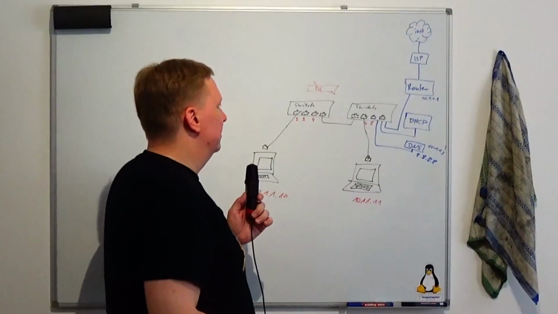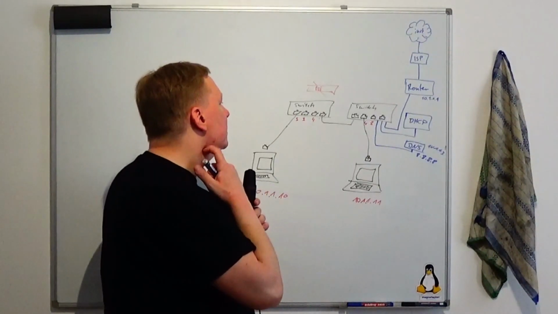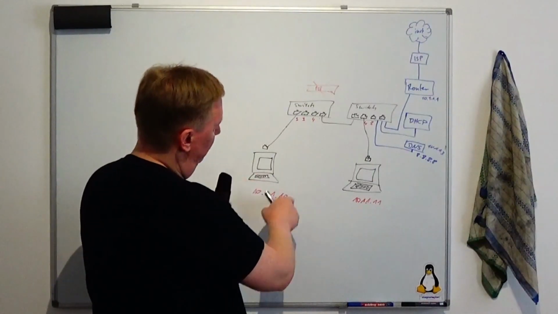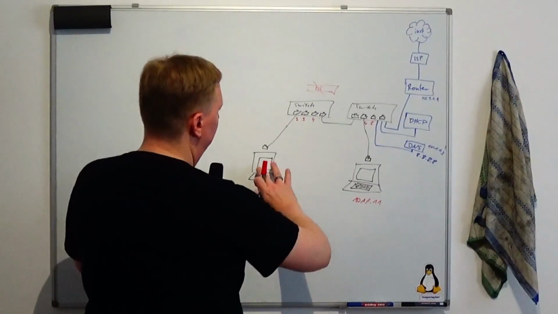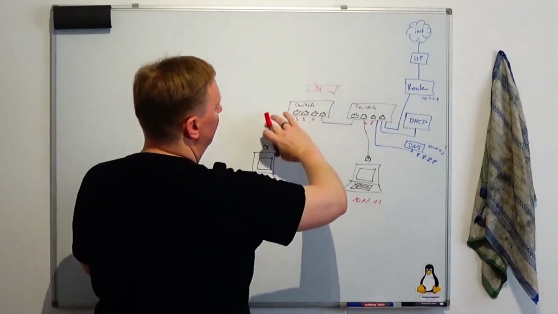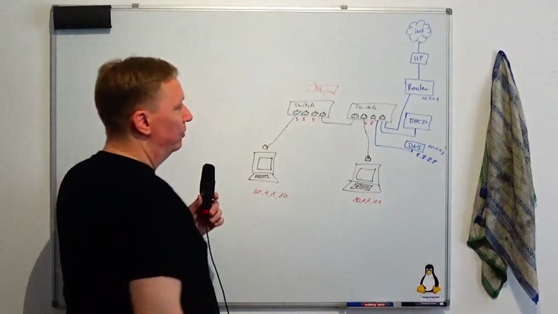And this is really a security feature, because you wouldn't want a computer down here, if it's infected or something, to be allowed to send packets with the VLAN tag already set.